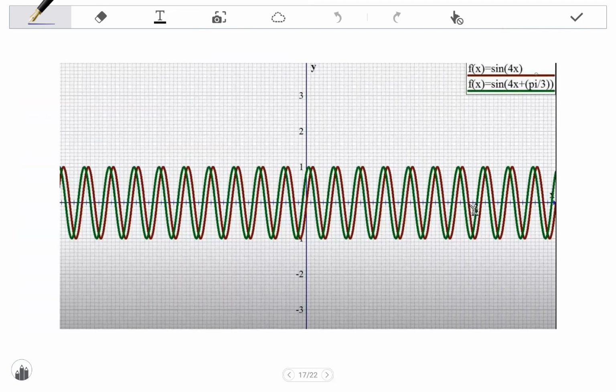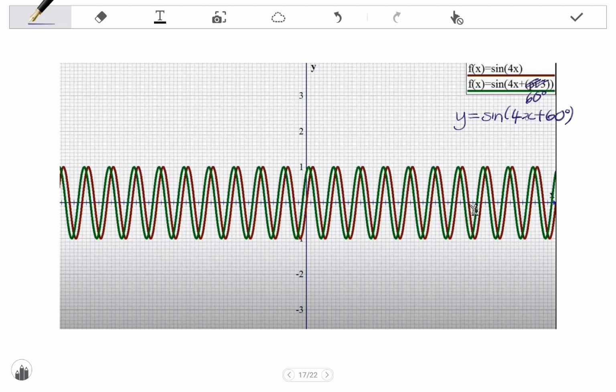Okay, so now we're combining a period change and a horizontal shift, and I'm just going to change the pi over 3 to its degree equivalent, which is 60 degrees. So what we have here is y equals sine of 4x plus 60 degrees. Now there can be some confusion relating to both of these parameters being changed.